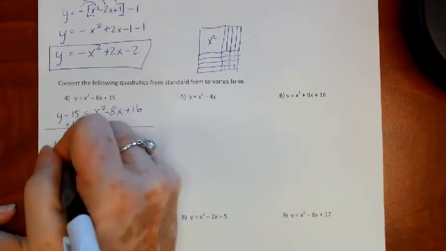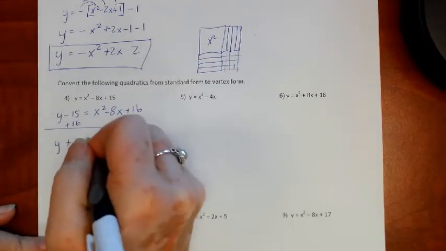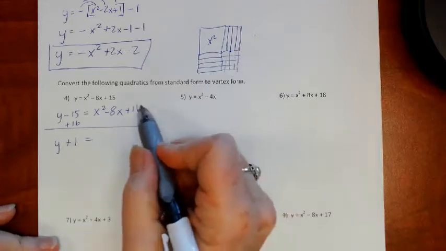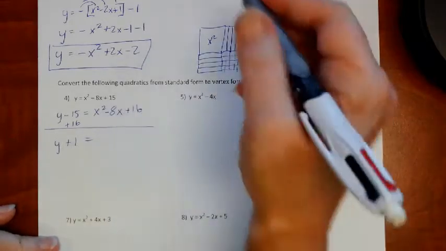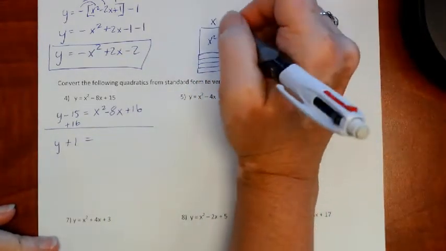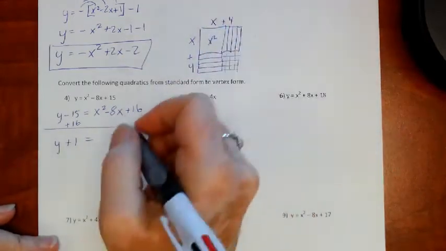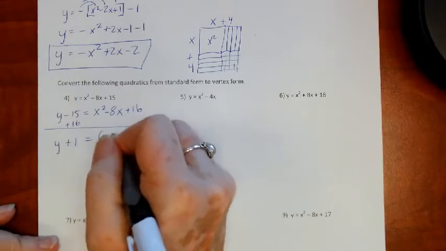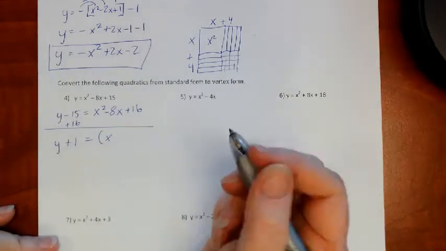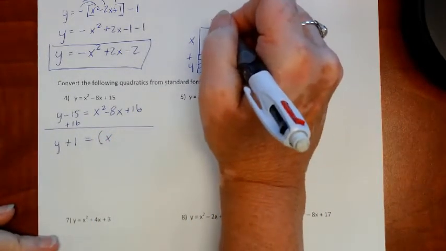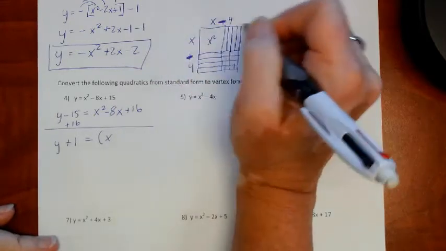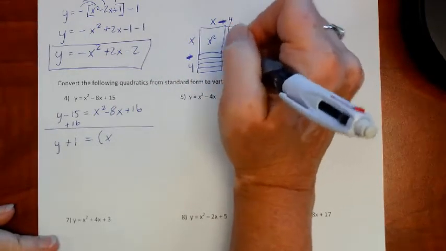And so that gives me y plus 1. And then this, we already know it's a perfect square. I can already write it as x plus 4 times x plus 4. So that's x plus 4 squared. Oh, wait, it was minus 4. I'm sorry, it's x minus 4. Remember, because these were negative tiles.